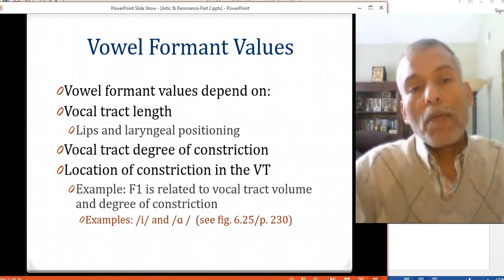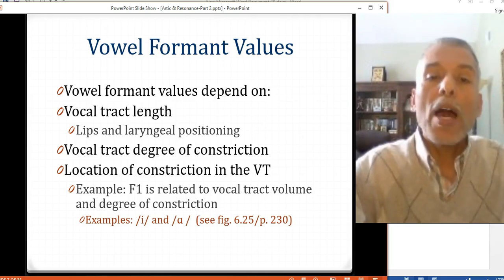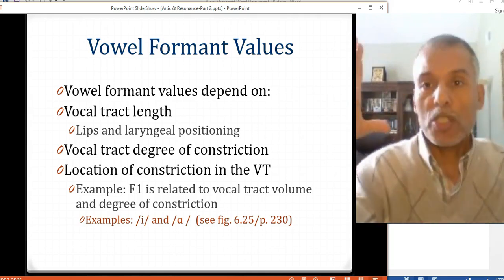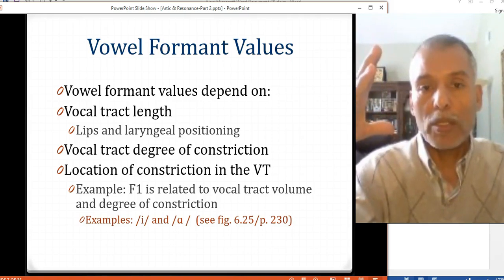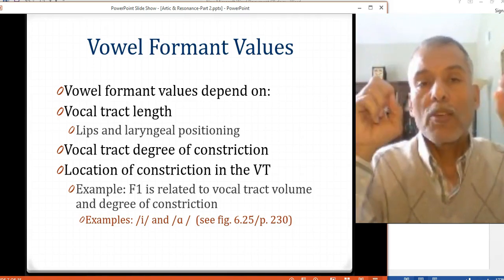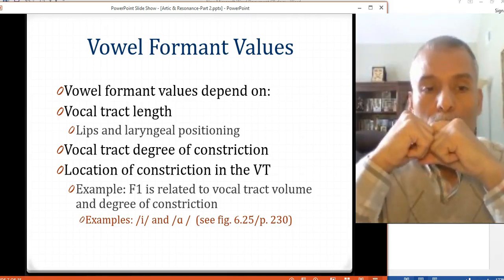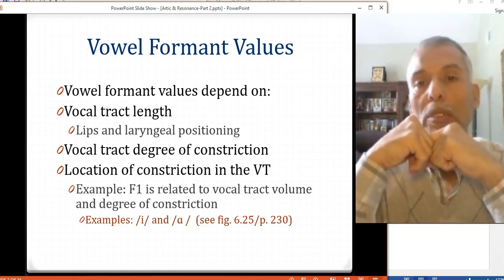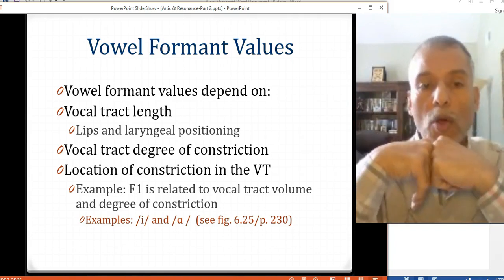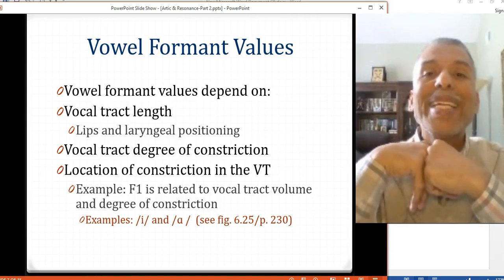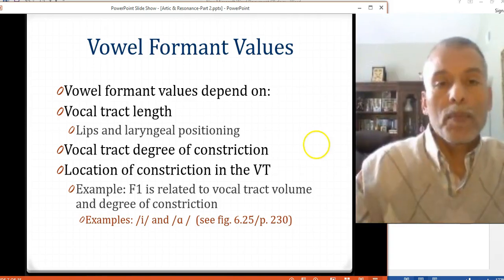So for example, F1 is related to vocal tract volume. How big, how much air do you have? How much space do you have? And the degree of constriction. So examples that are kind of opposites include E and Ah.